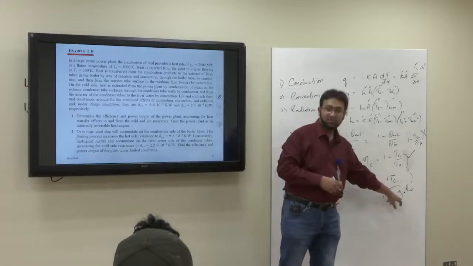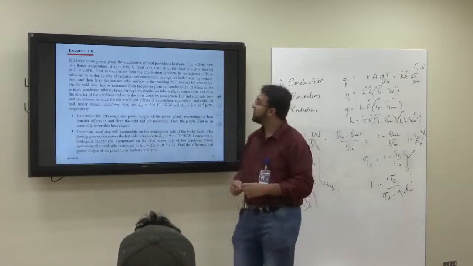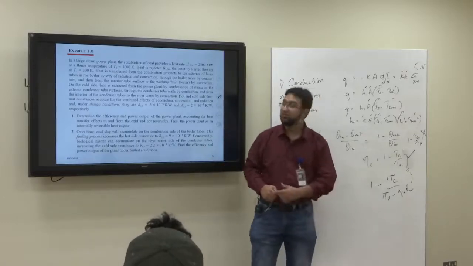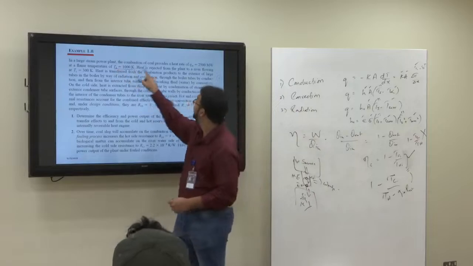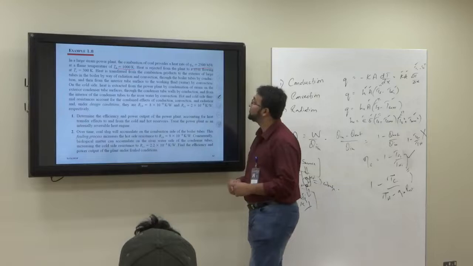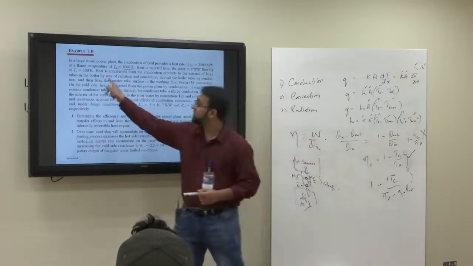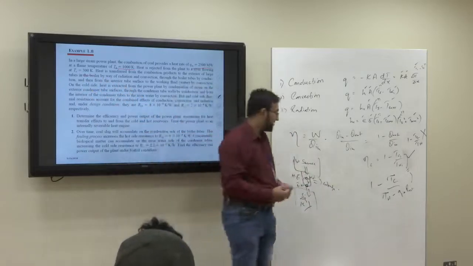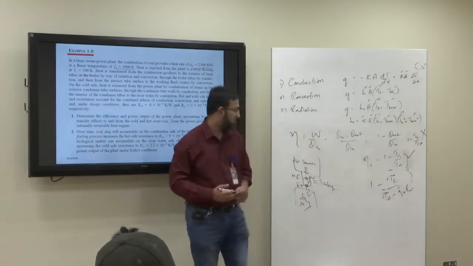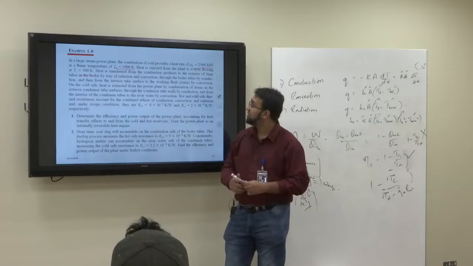At a flame temperature of TH 1000 Kelvin, so TH is given. Heat is rejected from the plant to a river flowing at TC 300 Kelvin. TC is given.